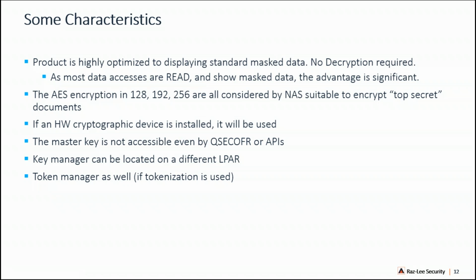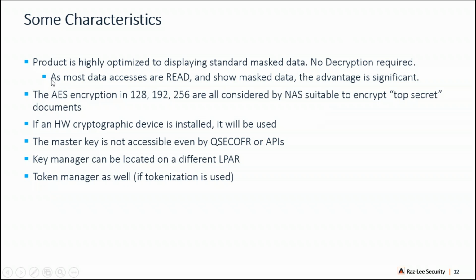So you must know it, and we try to be as modest as possible. We are highly optimized for displaying the standard mask data. Standard mask is, for example, for a credit card, we all know it shows the last 4 digits, but it can be every second digit or every third digit, or anything which you might have in your mind.